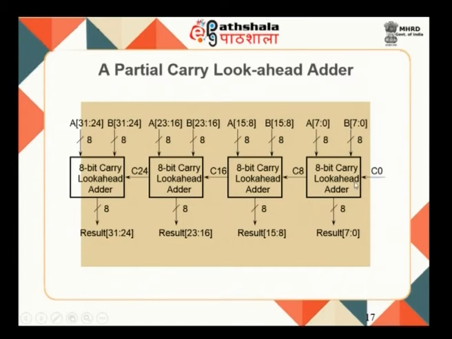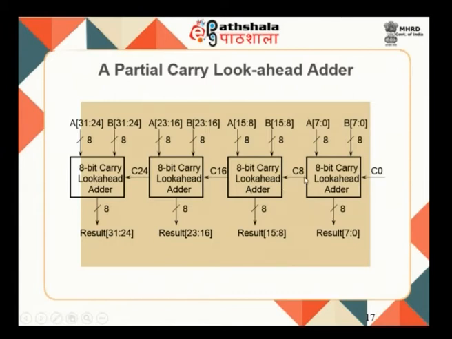Now, this is the input carry to this block, C8 is the input carry to this block, C16 is the input carry to this block, and C24 is the input carry to this block. A partial carry look ahead adder combines a ripple carry addition and the carry look ahead principle. So, what happens here is inside this block all the carries are generated using carry look ahead addition, but the carry across these blocks, the inter block carries, are being rippled.